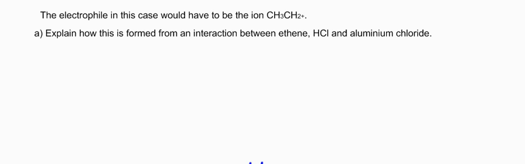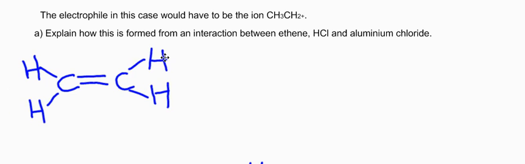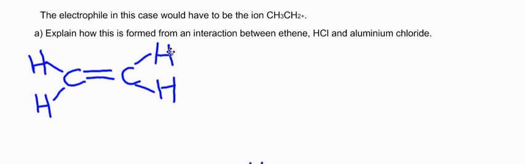Okay, what you should see is that we get our ethene molecule and we get our HCl. We'll bring them together. We know that on the HCl we're going to have dipoles. Chlorine is more electronegative, so the hydrogen will have a delta plus, chlorine a delta minus.